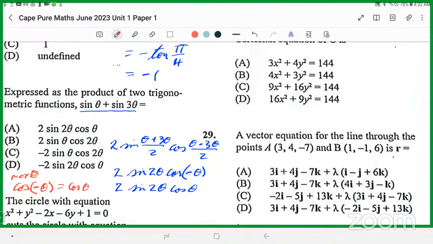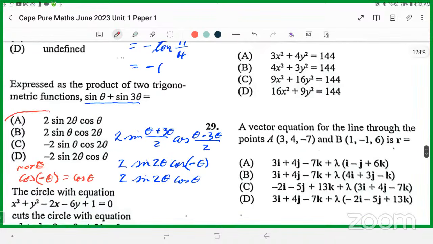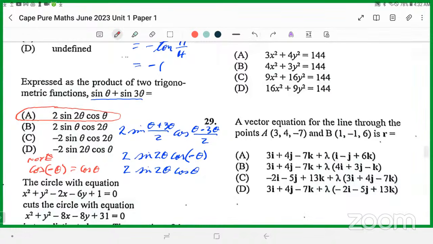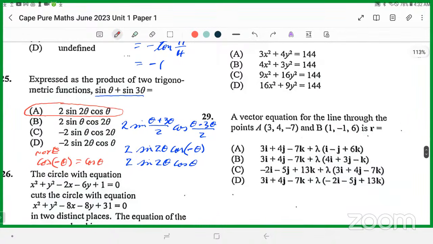That's what you have to know, guys. So that's the first one, A, right here. That's why this becomes this. That is it.